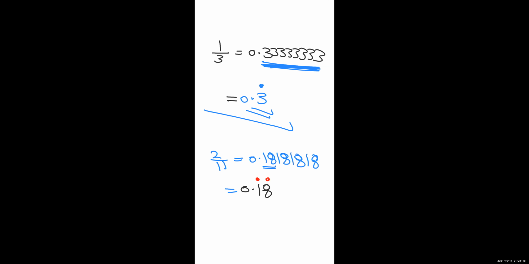There is one more case. If the number is like 71 over 333, by using the calculator, we will find that it is 0.213. As usual, I write down that 213 is repeating.